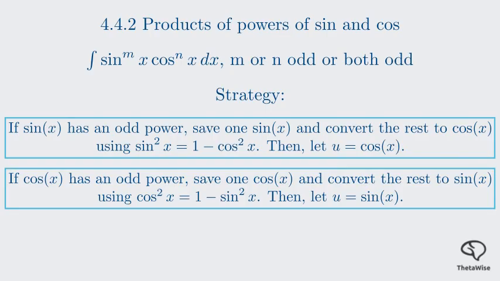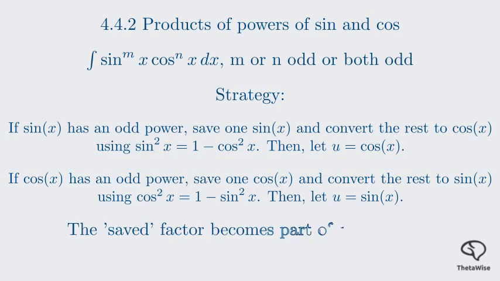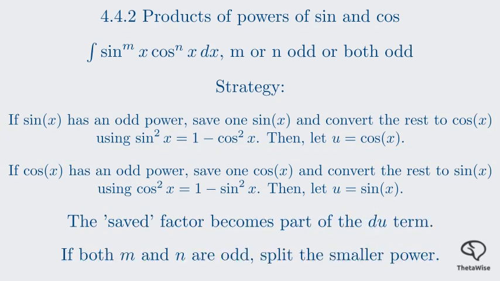Rewrite the remaining even number of cosine factors as sine using cosine squared x equals 1 minus sine squared x, and then use the substitution u equals sine x. The reason this works is that the saved factor of sine or cosine becomes part of the du term in the substitution. If both m and n are odd, it's often easiest to split the factor with the smaller power.